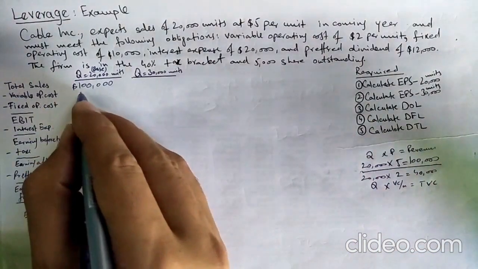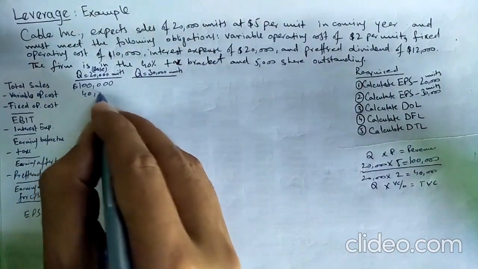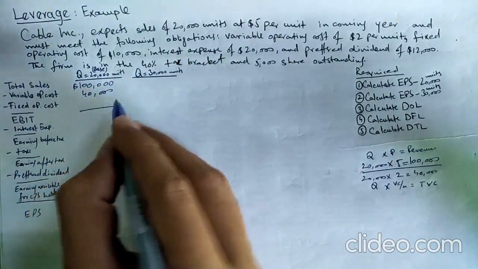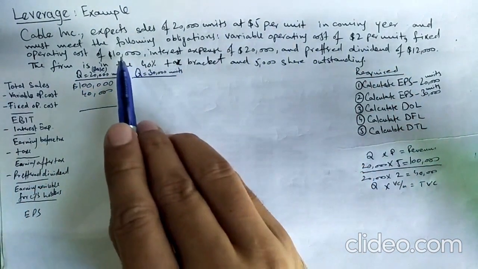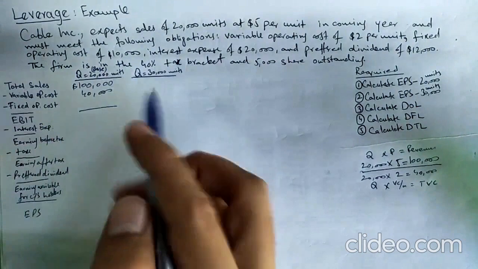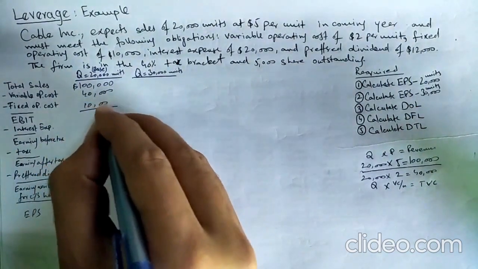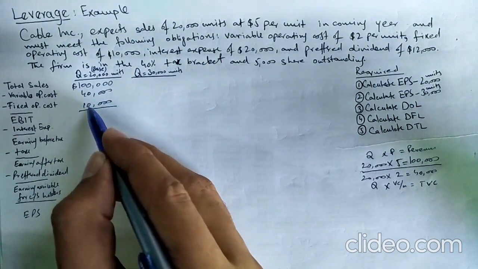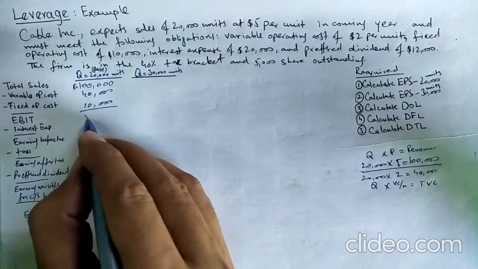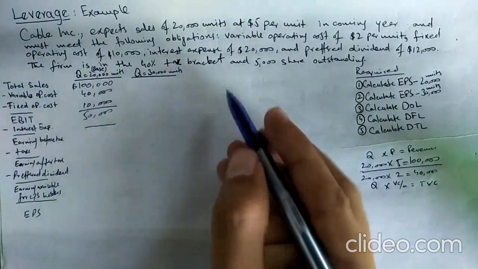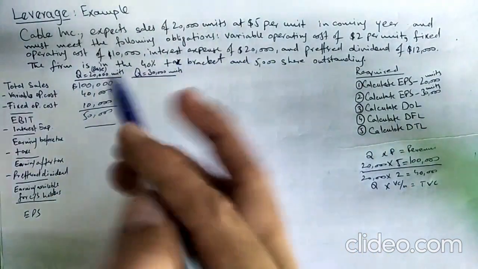So the total variable cost is 40,000 if we produce 20,000 units, and the fixed operating cost is given in this scenario as 10,000 in total. So 1 lakh minus 40,000 minus 10,000 is equal to 50,000, and then we deduct the interest expense. Here the interest expense is $20,000.